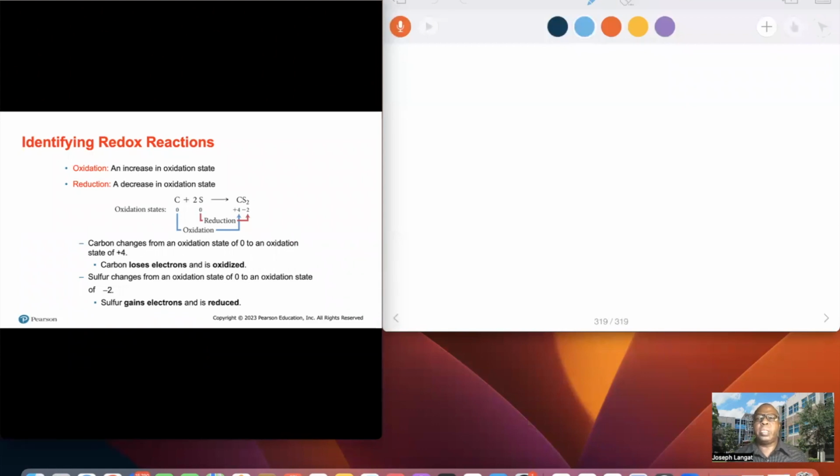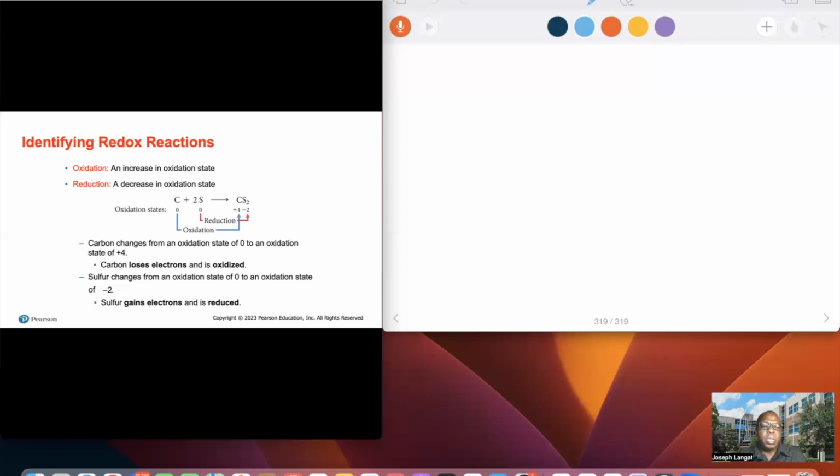Reducing agent is the species donating electron. Oxidizing agent is the species gaining the electron.